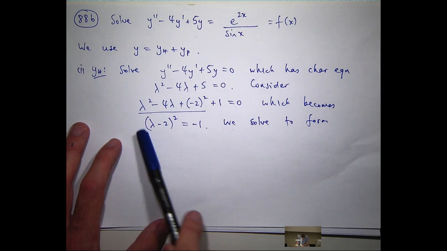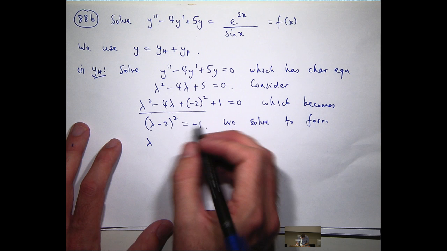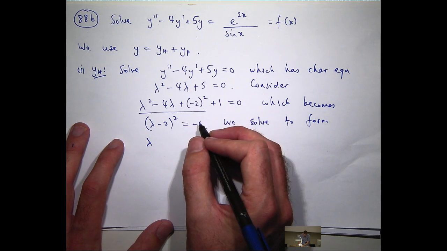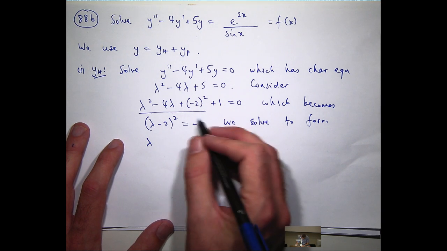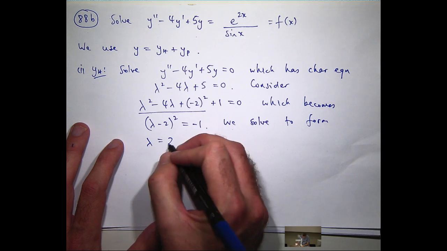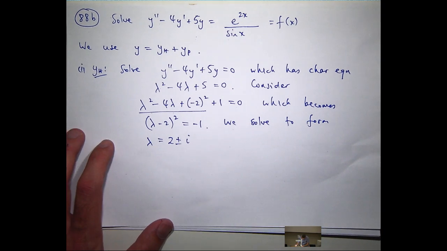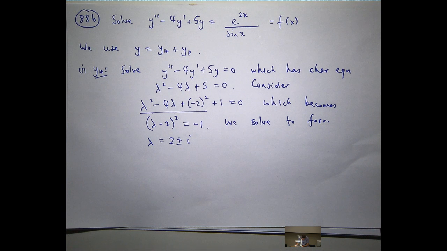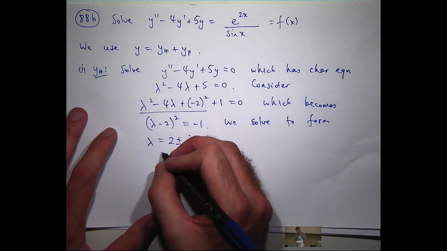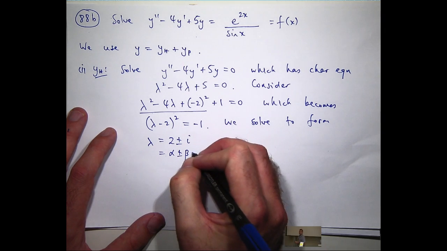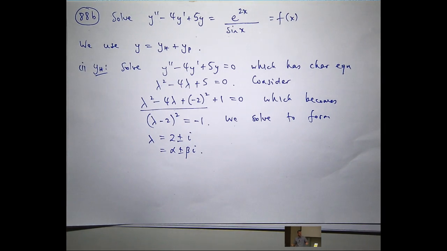Okay, so take positive and negative square roots. I'm going to get plus or minus i on the right hand side, and then when I take the 2 over, I'll get the following. Now this is just the following form. The roots are complex.